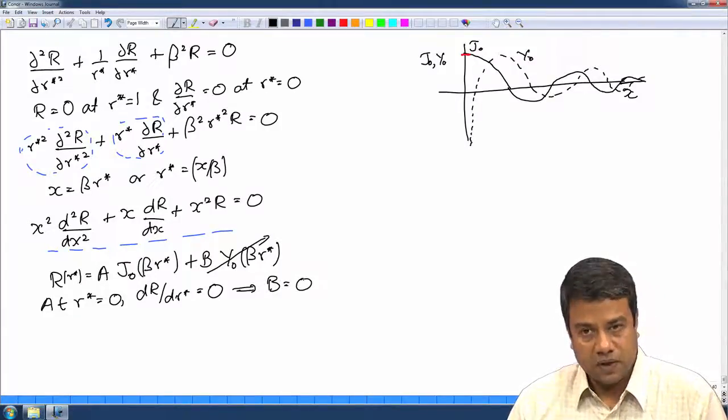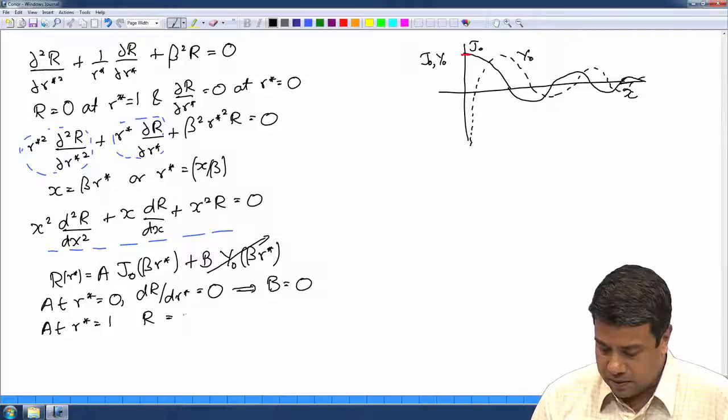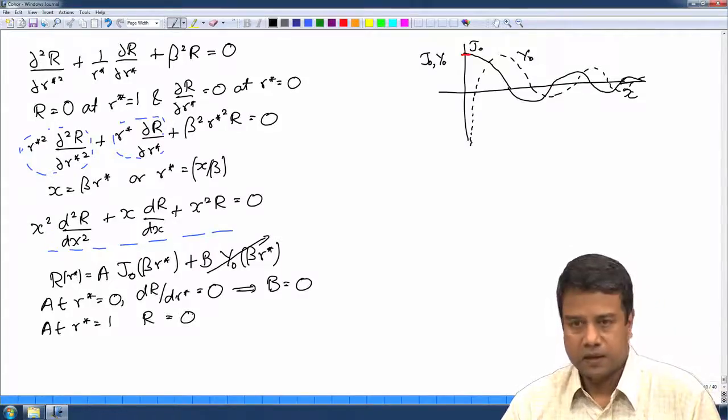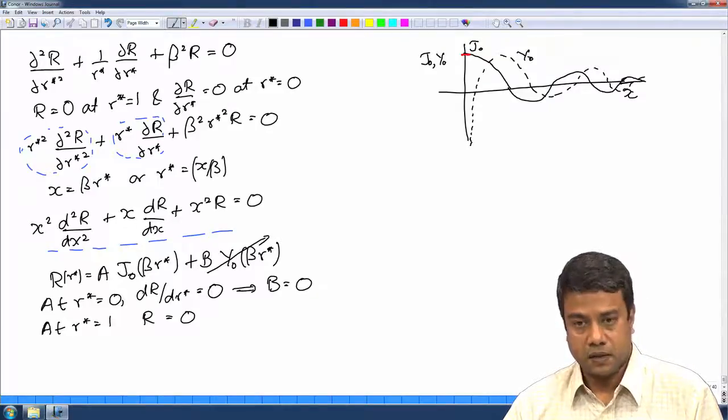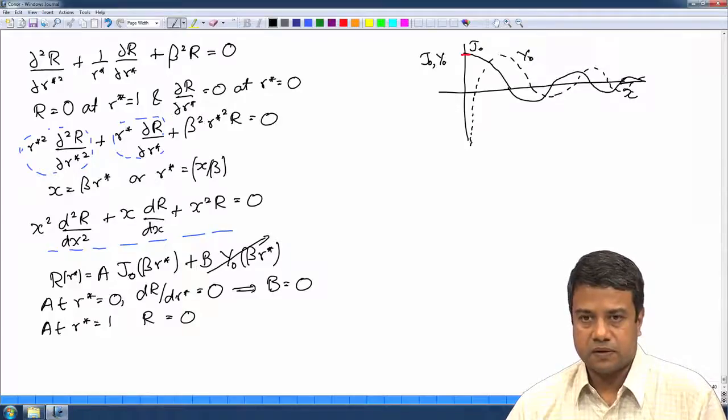You have one other condition: at R star equal to 1, R has to be equal to 0. Does that condition require that A should be 0? Because if A is equal to 0, you will get back a trivial solution.